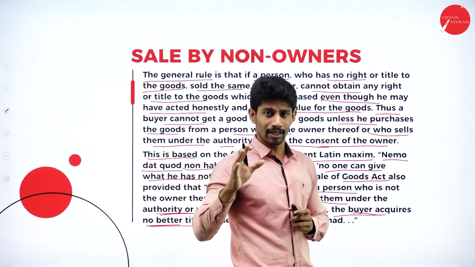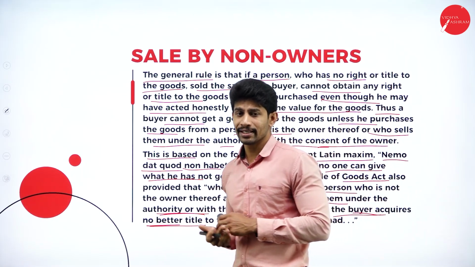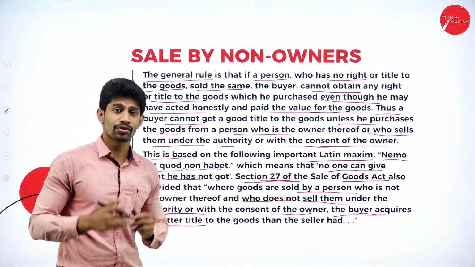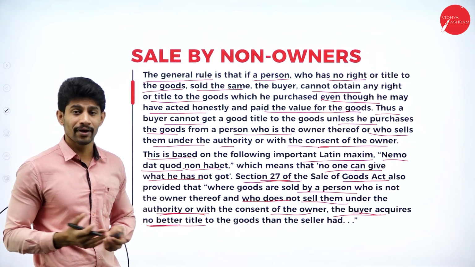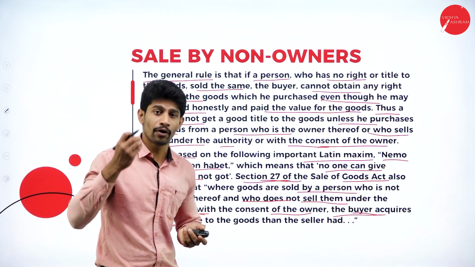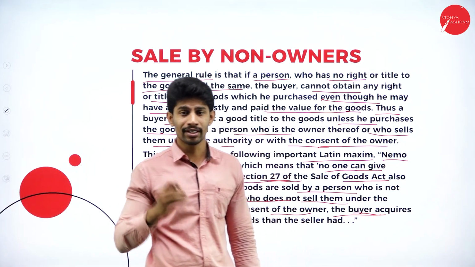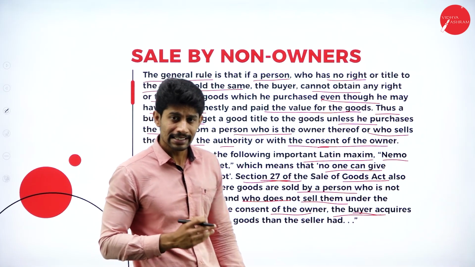That means if a person who is not the owner sells the goods without taking the consent of the actual owner, then the buyer will not acquire any kind of authority or ownership of the goods. That is what Section 27 of the Sale of Goods Act 1930 says.